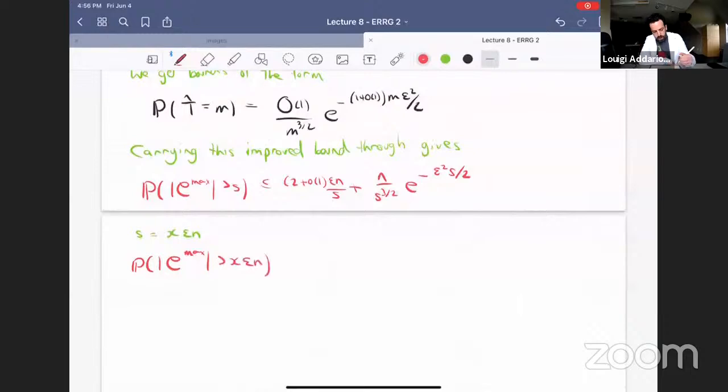So when is this good? Well, for the first term we get 2 plus little o 1 over x.